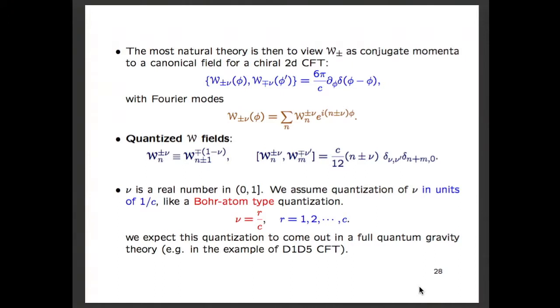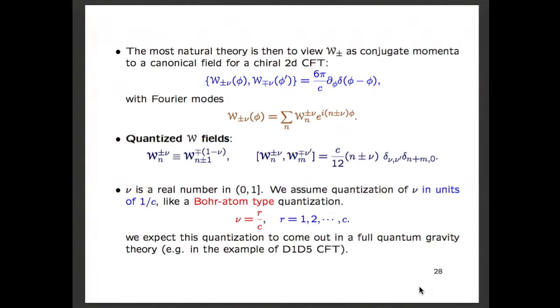Since you have a primary field of weight 1, you can try to quantize it by proposing the standard commutation relations. Here I am putting this in by hand, but I'll justify it in a bit. So this is the algebra of the operators associated with the Fourier modes of these W fields, if I assume that this nu, which was geometrically related to the conic deficit of these conic spaces, is quantized in units of 1/c.